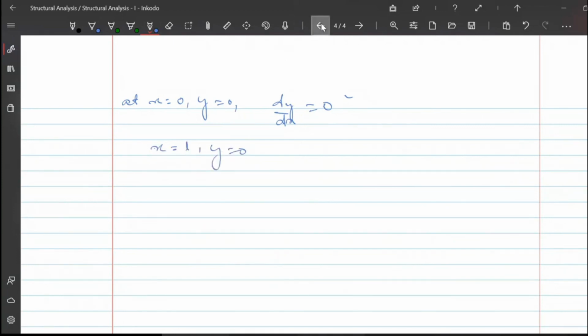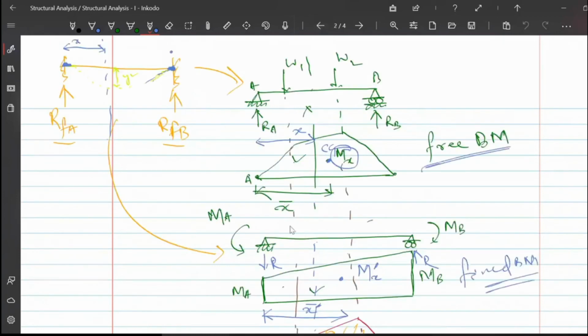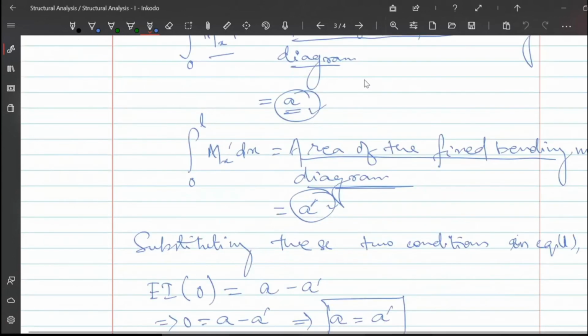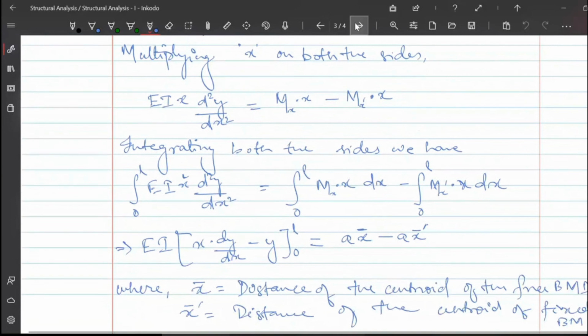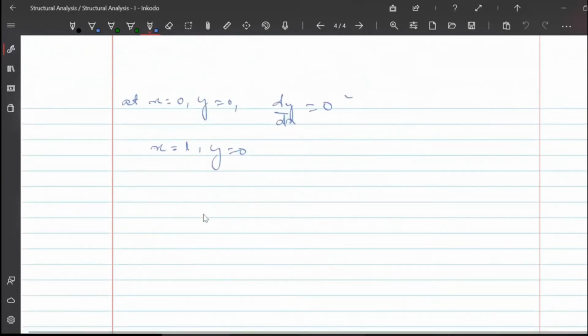Okay, these two points: at x equals to 0, y equals to 0, and x equals to L, y equals to 0 here. So here there is no deflection. At x equals to 0, y equals to 0. Again here also dy by dx is 0.